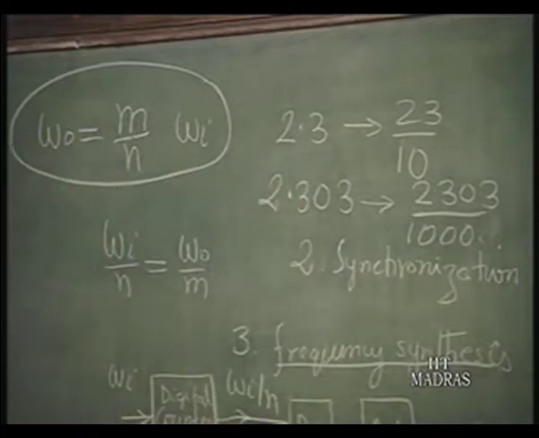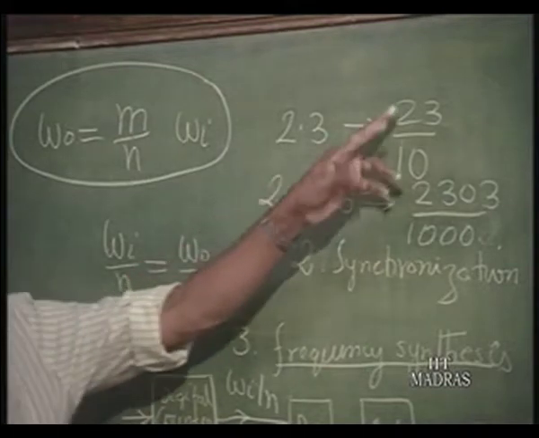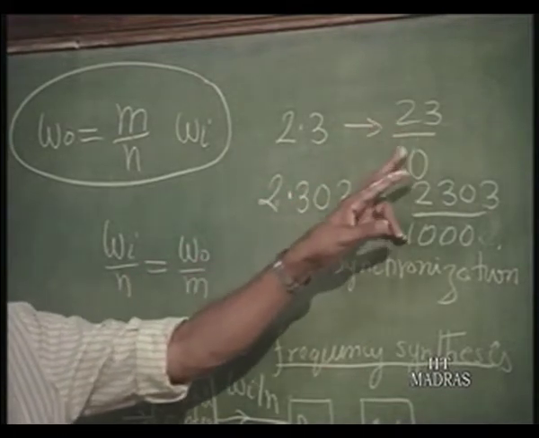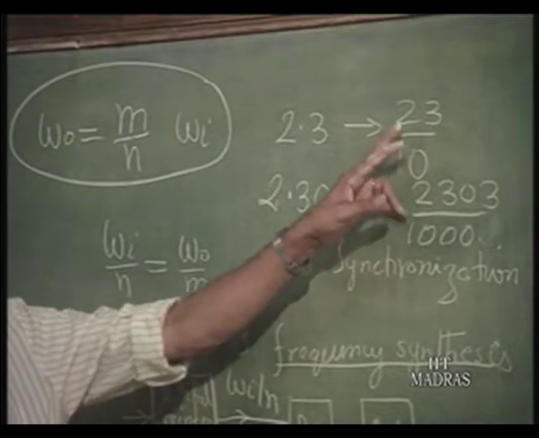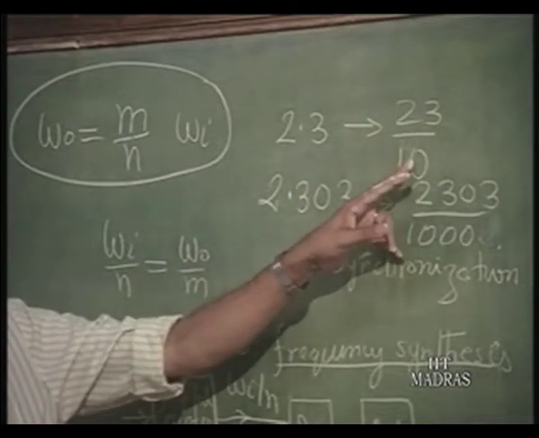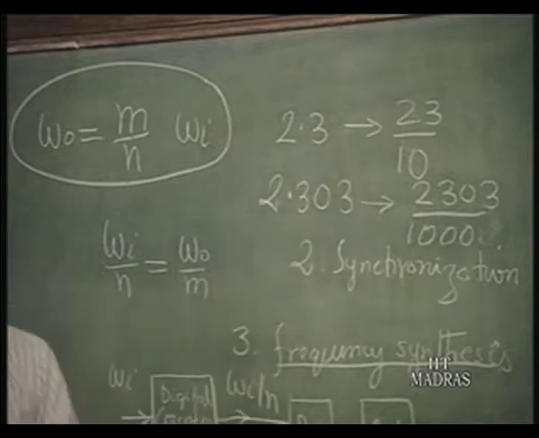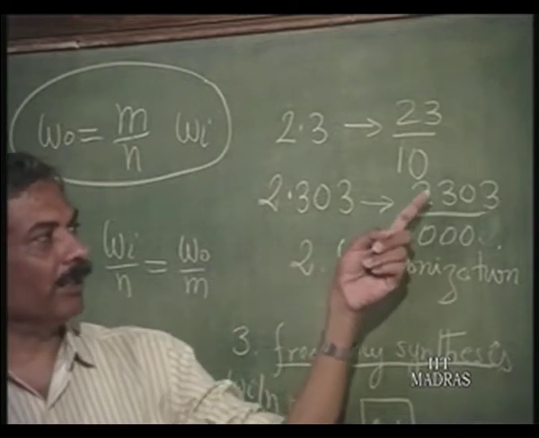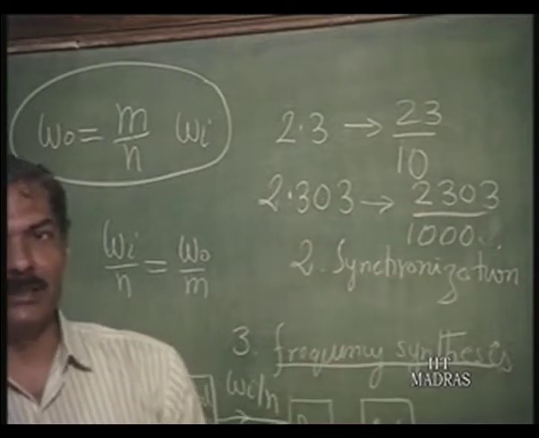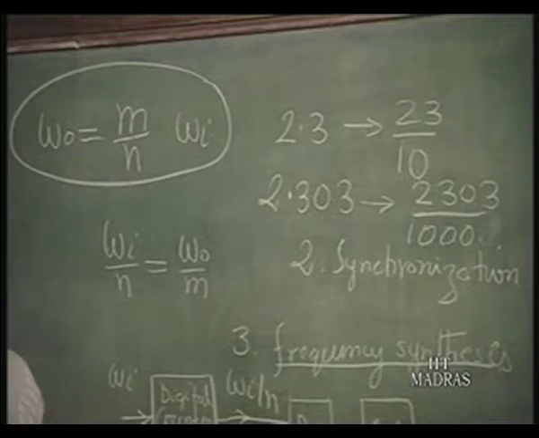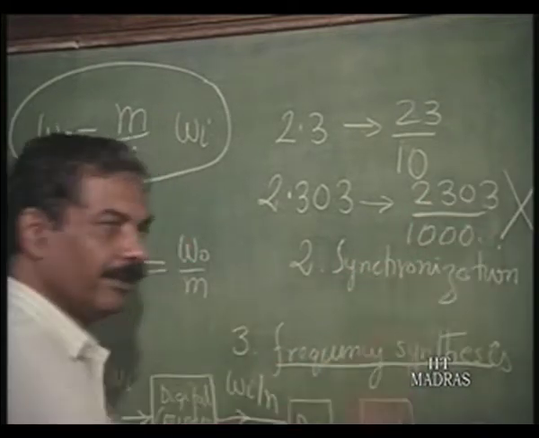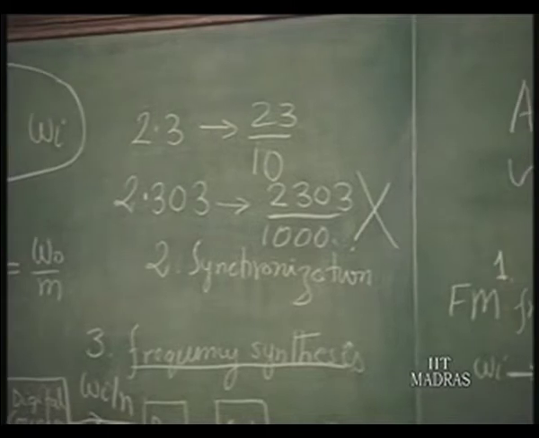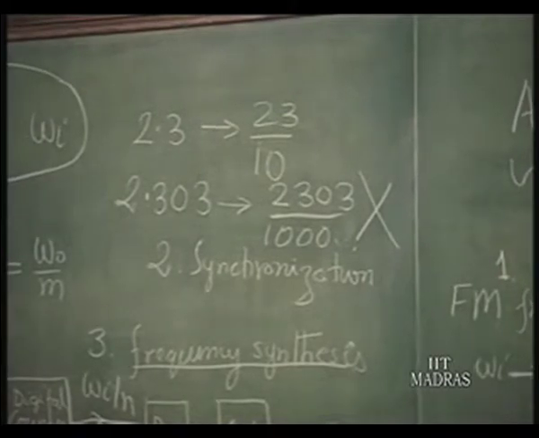So, this kind of thing is not very good. Maybe multiplying by 23 and dividing by 10 is all right. Decimal counters are available, so dividing by 10 is quite easy, multiplying by 23 may be slightly difficult. Now, in order to get 2.303, multiplying by 2303 and dividing by 1000 is not going to be the best way. So, this is not a good way. Even though it is theoretically possible, practically it is not very good.